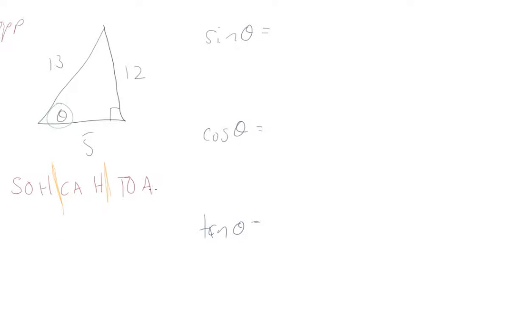Firstly, sine is opposite over hypotenuse. If theta is there, my hypotenuse is 13, my opposite is 12, and my adjacent is 5. So sine theta, opposite over hypotenuse, is 12 on 13. Cos theta is adjacent over hypotenuse, so adjacent is 5, hypotenuse is 13.